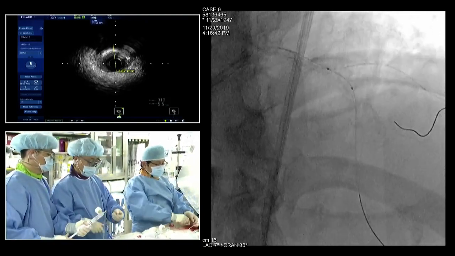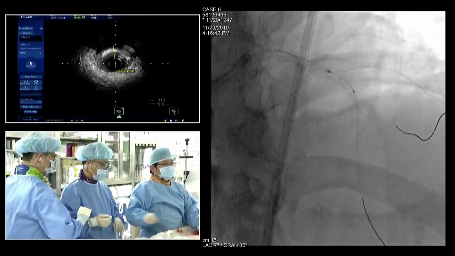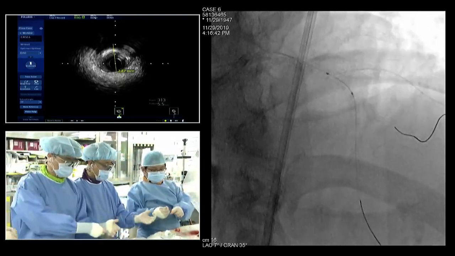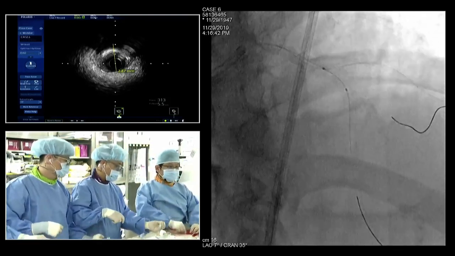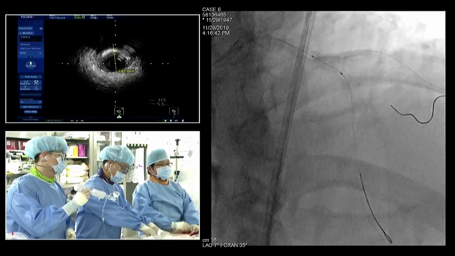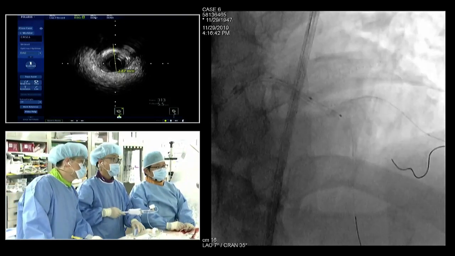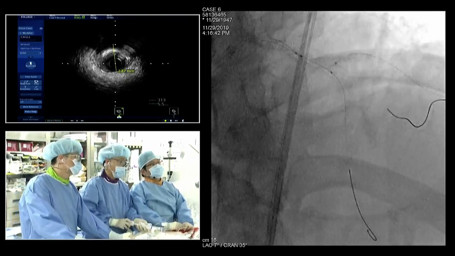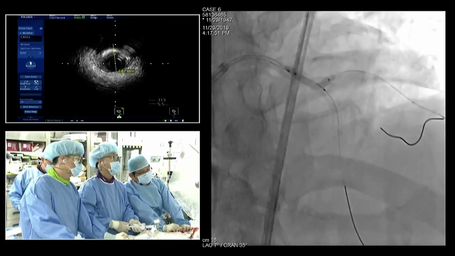Okay. Please give me the 2.5 high pressure NC balloon. Okay, this is a non-compliant balloon. 6, diagonal branch 8, 10, 12, 14, 16, 18.